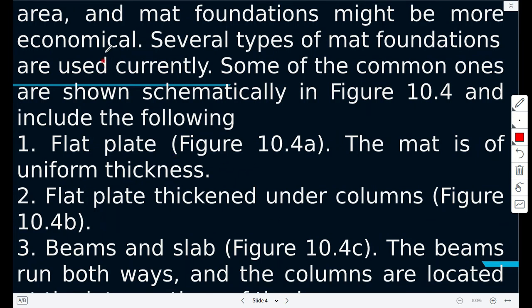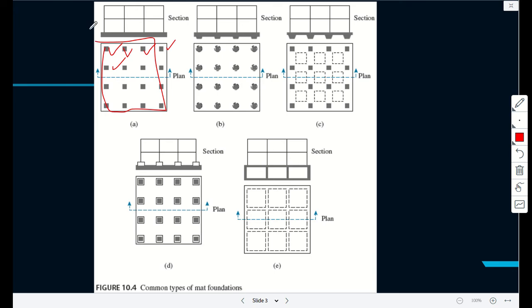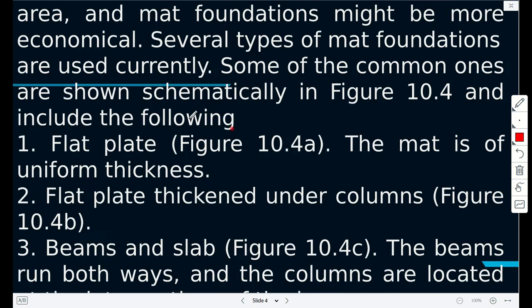Then the mat foundation can be more economical, especially if more than half of the building is covered. Several types of mat foundations are used. Some of the common ones are shown already from the previous. These are common types of mat foundation.